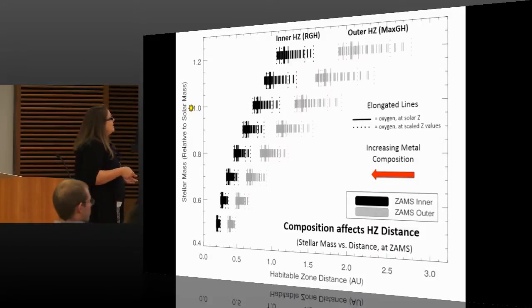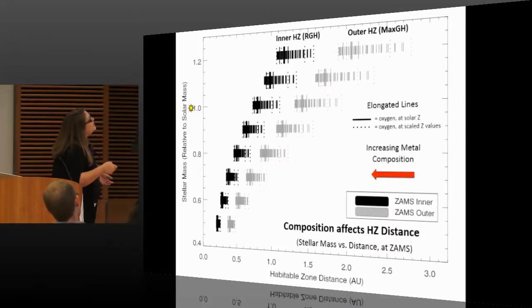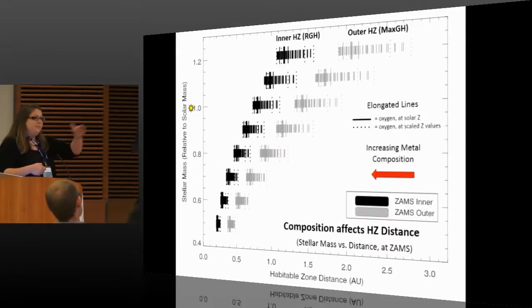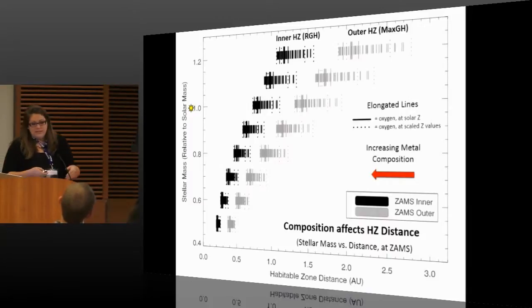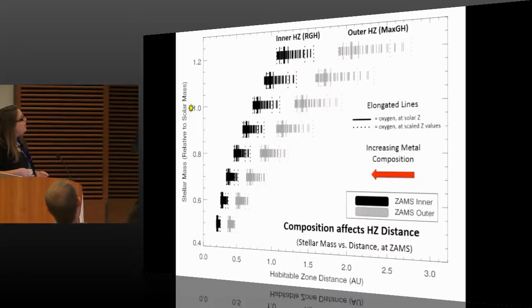Let's just look at the solid lines. There's a span in these elongated solid lines, and that represents the spread in oxygen values that we're looking at. So even a star of the same mass with different oxygen is going to have a habitable zone at a different distance. And that would affect where the planets could be habitable.